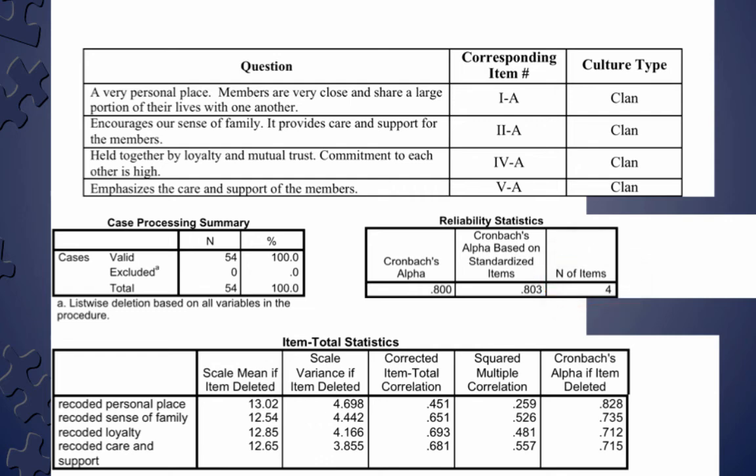And we have a Cronbach's alpha, an internal consistency reliability coefficient, equal to 0.800. Take a look at the item total statistics table and see if there are any items that we want to delete so that we can establish better internal consistency. Pause the video, see if you can get an answer.